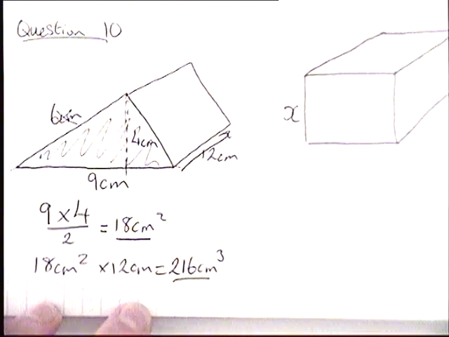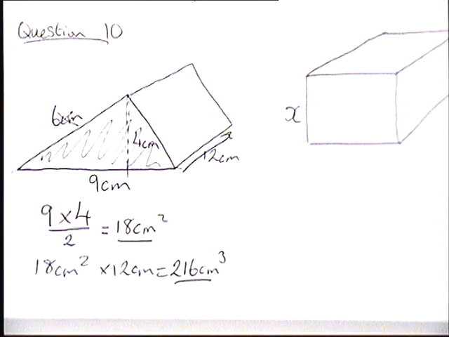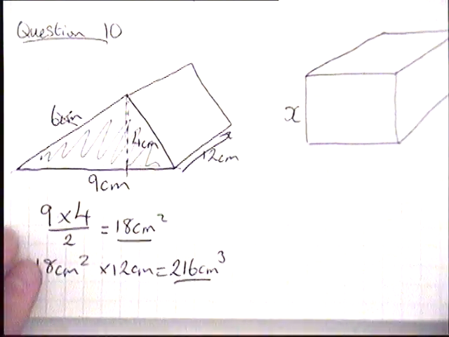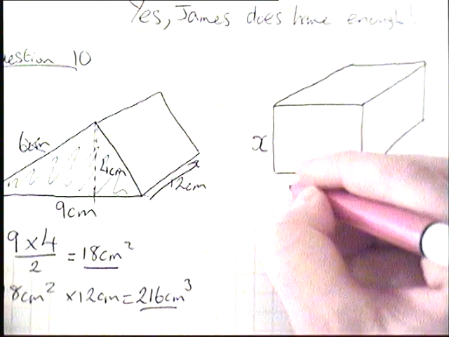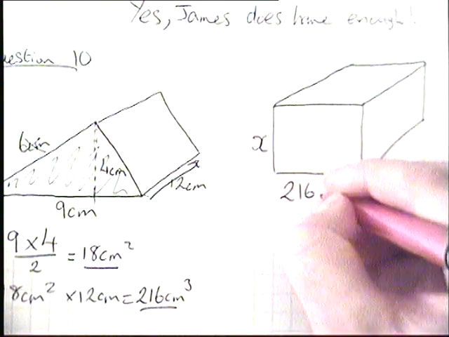We were told that this shape, our triangular prism, had been melted down to create a solid cube. What that tells us is that they both have the same volume. So this cube over here also has a volume of 216 centimeters cubed.